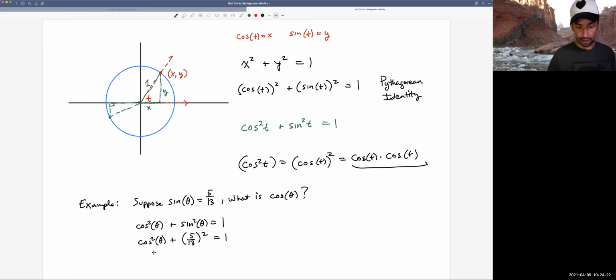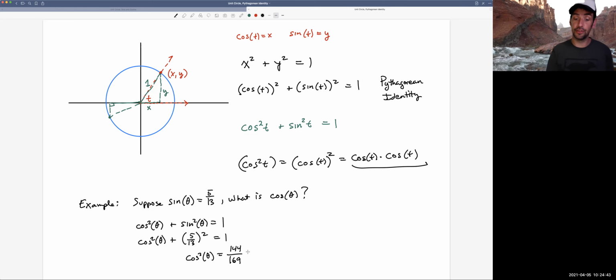With a little bit of algebra, you get that cosine squared theta is going to be, I'm just subtracting 1 minus 5/13 squared, turns out to be 144/169ths.